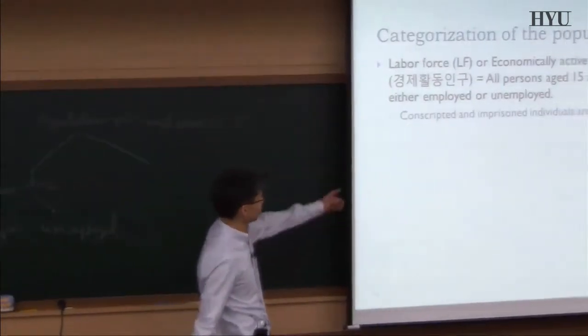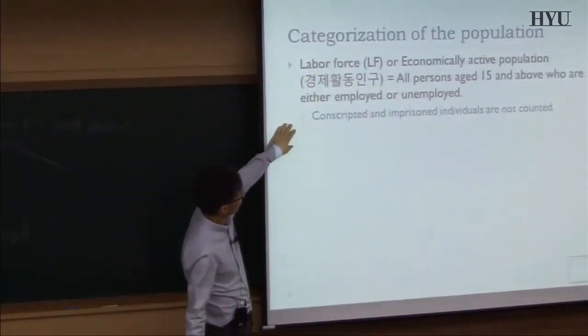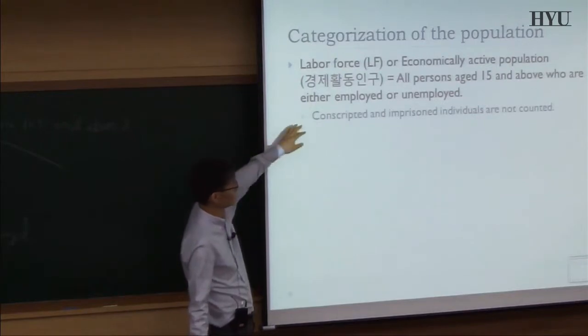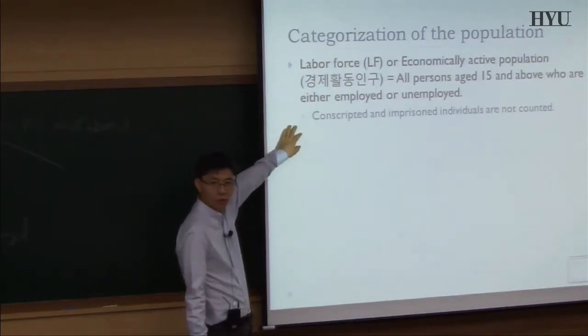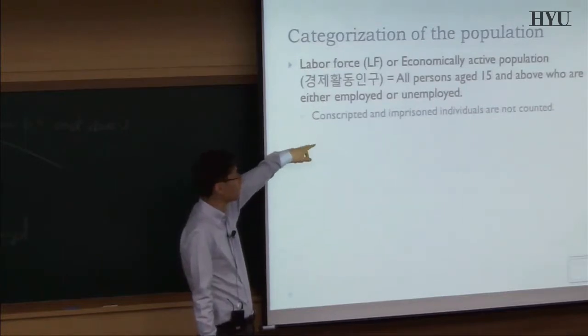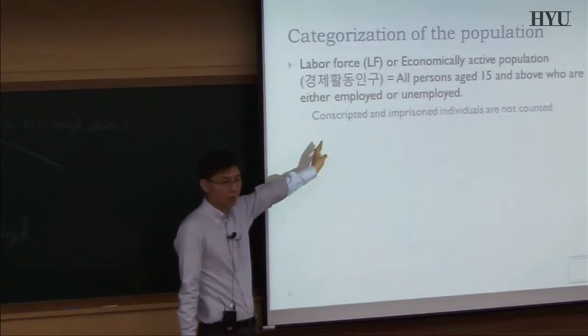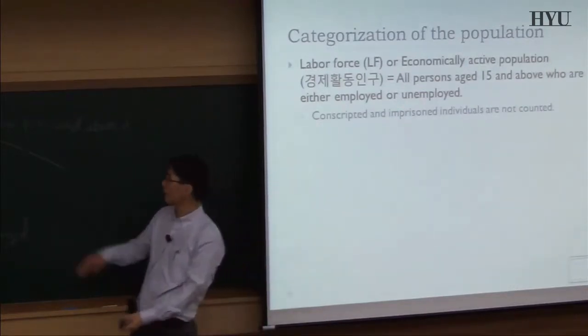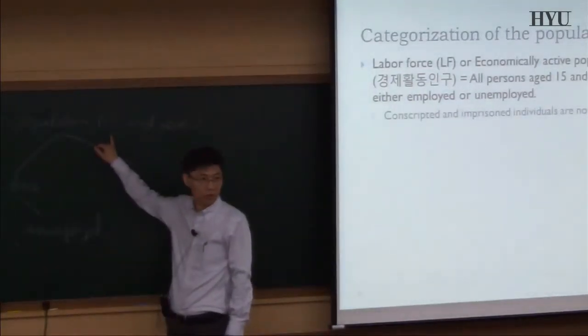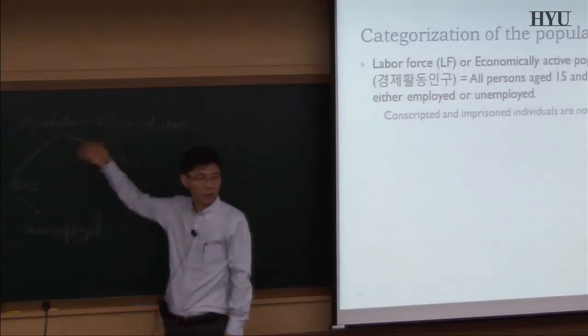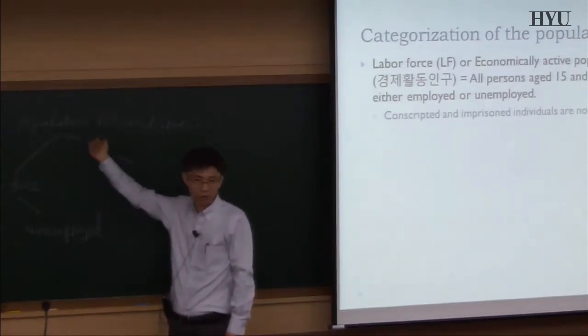First thing is that when we count the population, those who are conscripted, who do military service, or imprisoned, in prison for a crime or something, are not counted in this population. They are simply removed from the statistics.